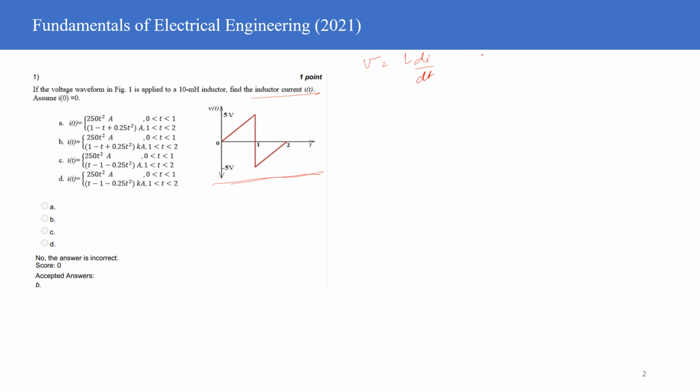So I can write this equation as voltage is equal to L delta I upon delta t.